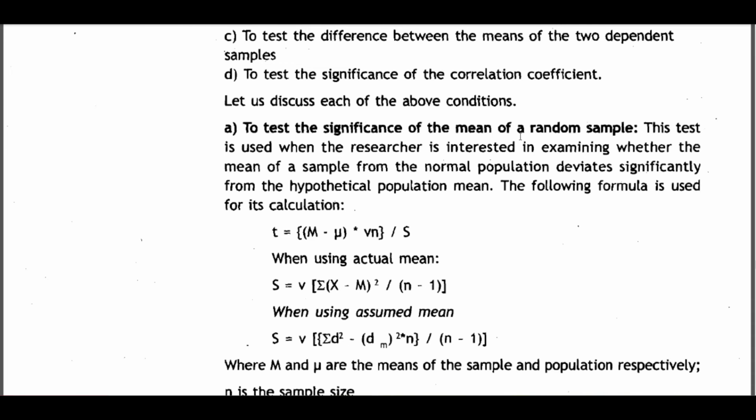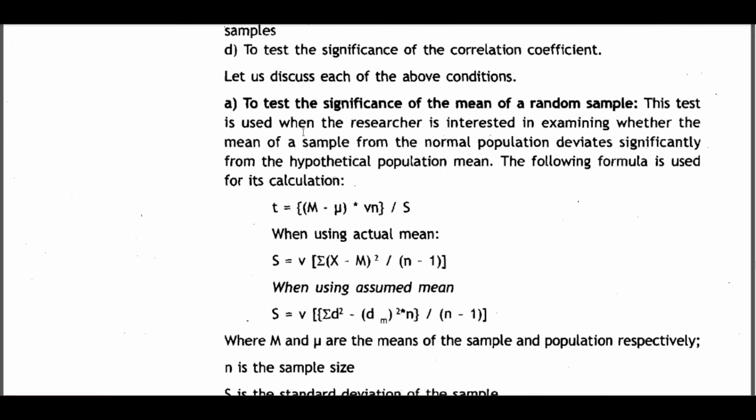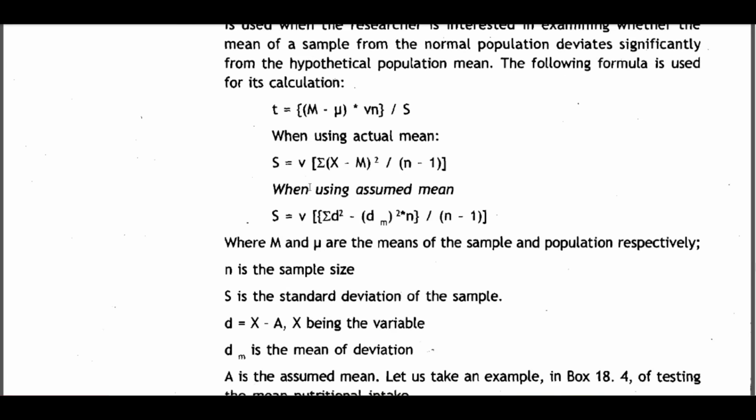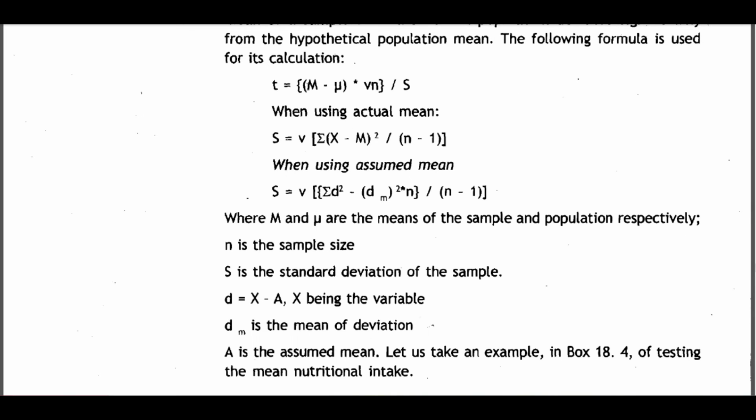To test the significance of the mean of a random sample, this test is used when the researcher is interested in examining whether the mean of a sample from a normal population deviates significantly from the hypothetical population mean. The following formula is used for its calculation. t is equal to m minus mu, divided by S over root n, where S is given by this formula when using the actual mean, and by this formula when using the assumed mean.